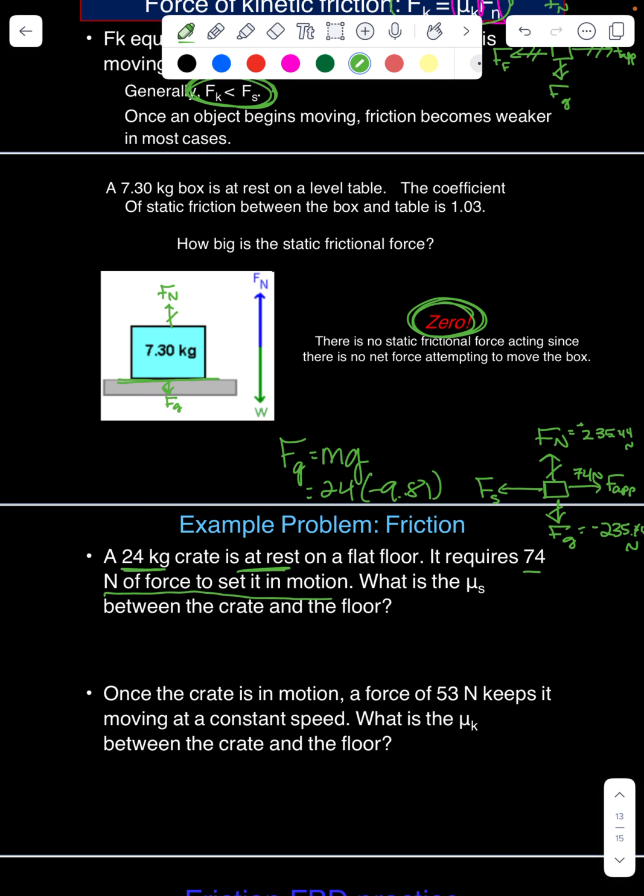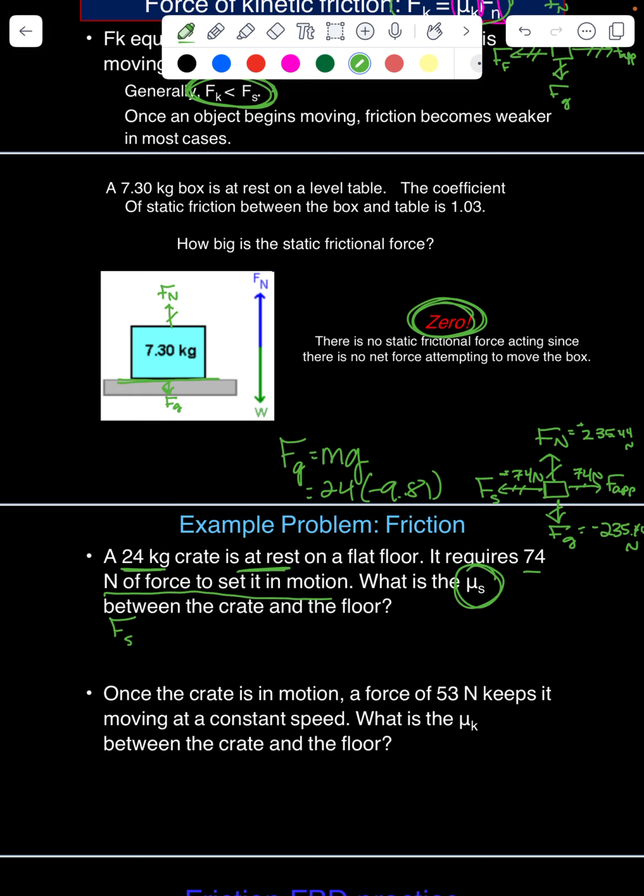So that 74 newtons is also our static frictional force, just a negative. What I have asked you to find is the coefficient of static friction between the crate and the floor.